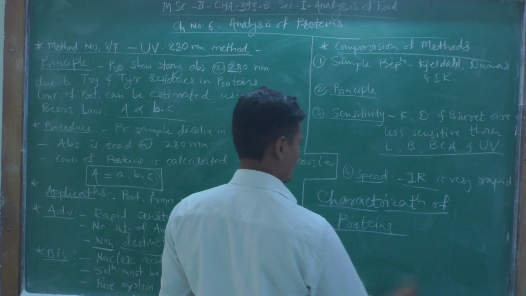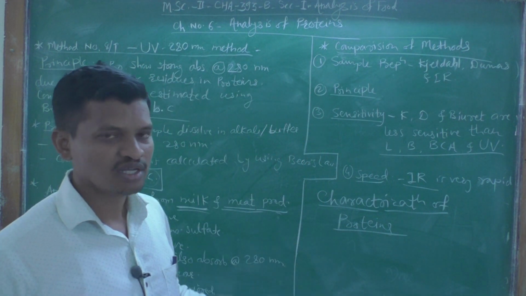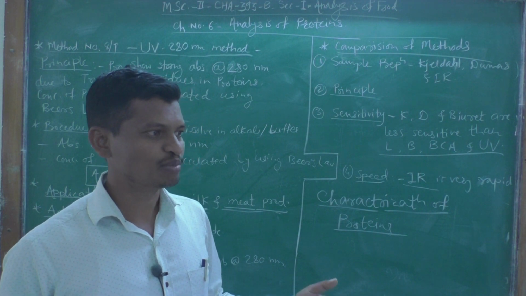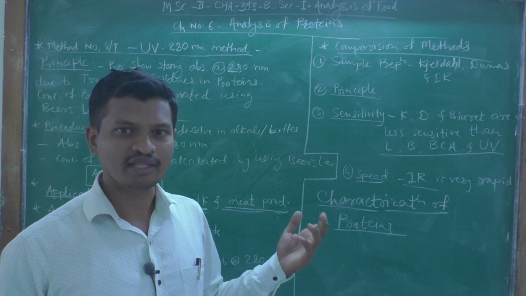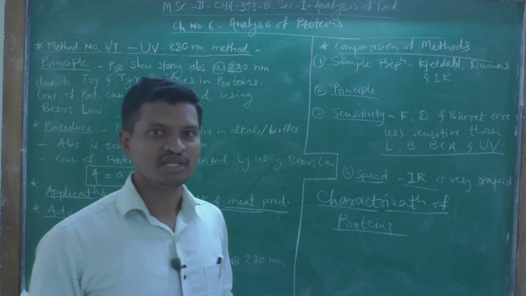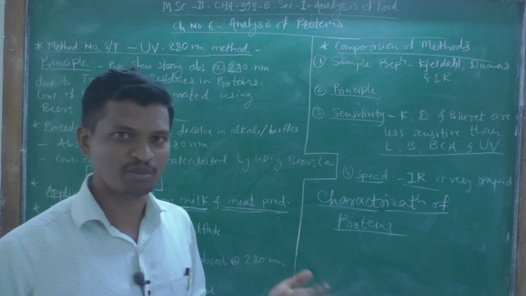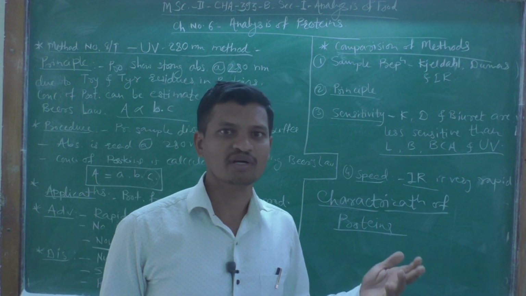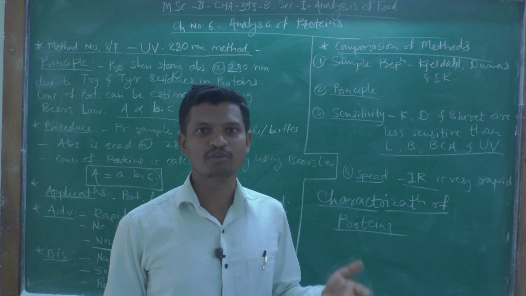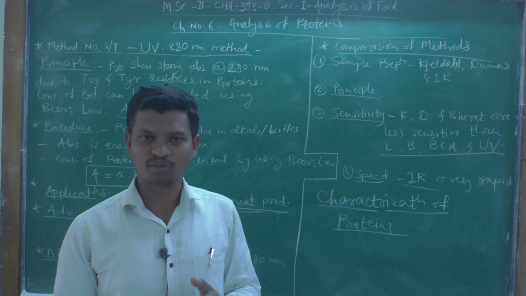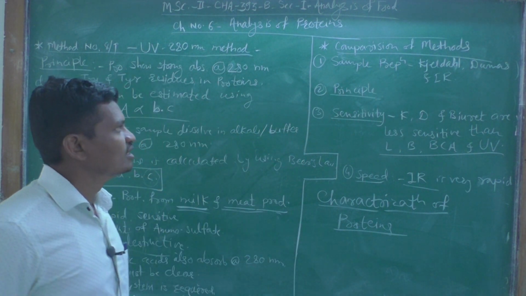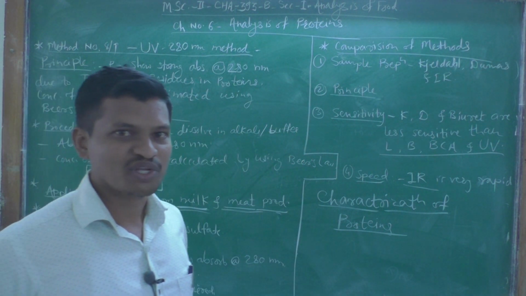In this chapter we have seen what proteins are, the different types of proteins, a simple general introduction, and then we started directly with the methods for estimation of proteins, including Kjeldahl, Dumas nitrogen combustion method, then Lowry method, IR method, Biuret method, then BCA method, UV method, etc. We have studied a number of methods, so I think this is sufficient for protein analysis.